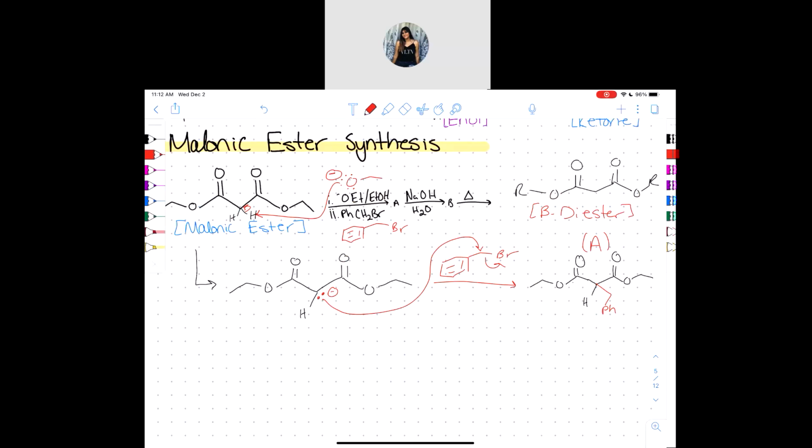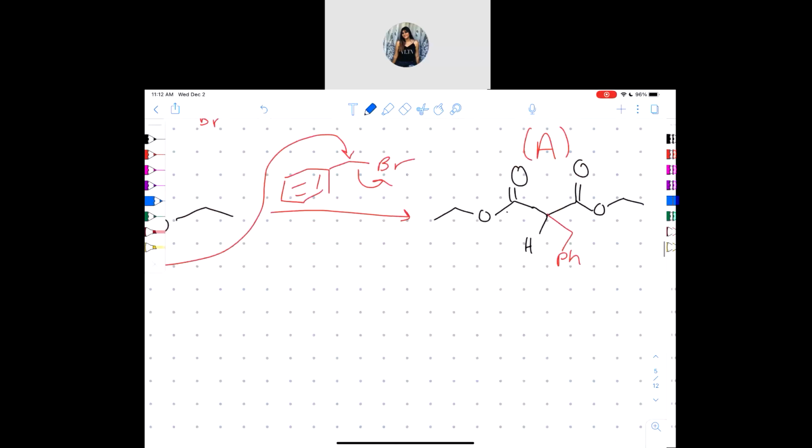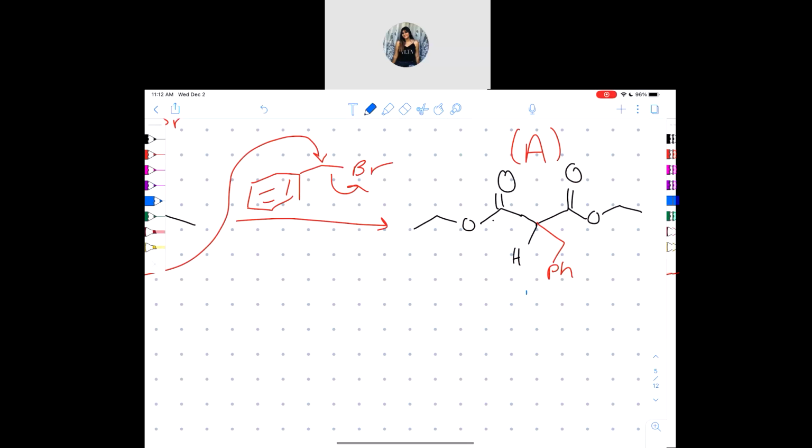All right, doesn't look like it. So now we're reacting with NaOH. When we have NaOH in the last reaction, what kind of mechanism did we undergo? Yes, exactly right.